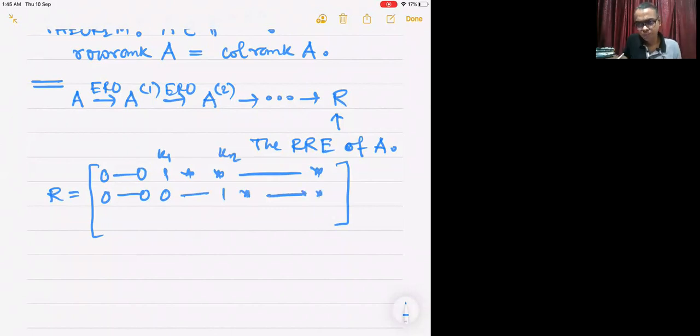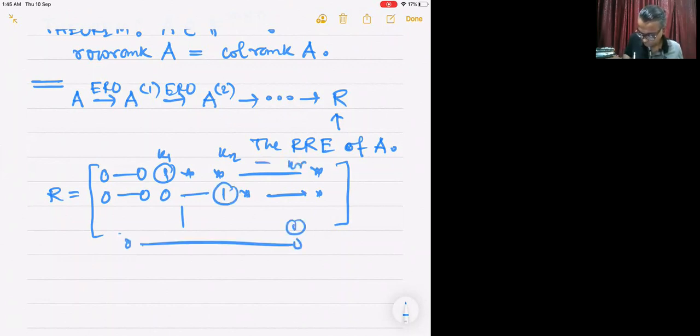This is how the row reduced echelon form looks. The leading ones appear at the K1 position, K2 position, and so on up to the KRth position. And then there will be all zero rows. These zero rows anyway don't do anything to the row span.